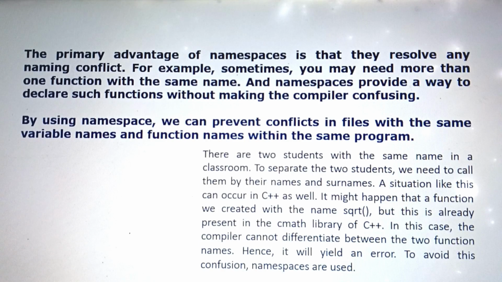The compiler will get confused between the two function names, because square root is an inbuilt function already contained in the mathematical header files. Hence, it will give an error. To avoid this confusion, we can use namespace.